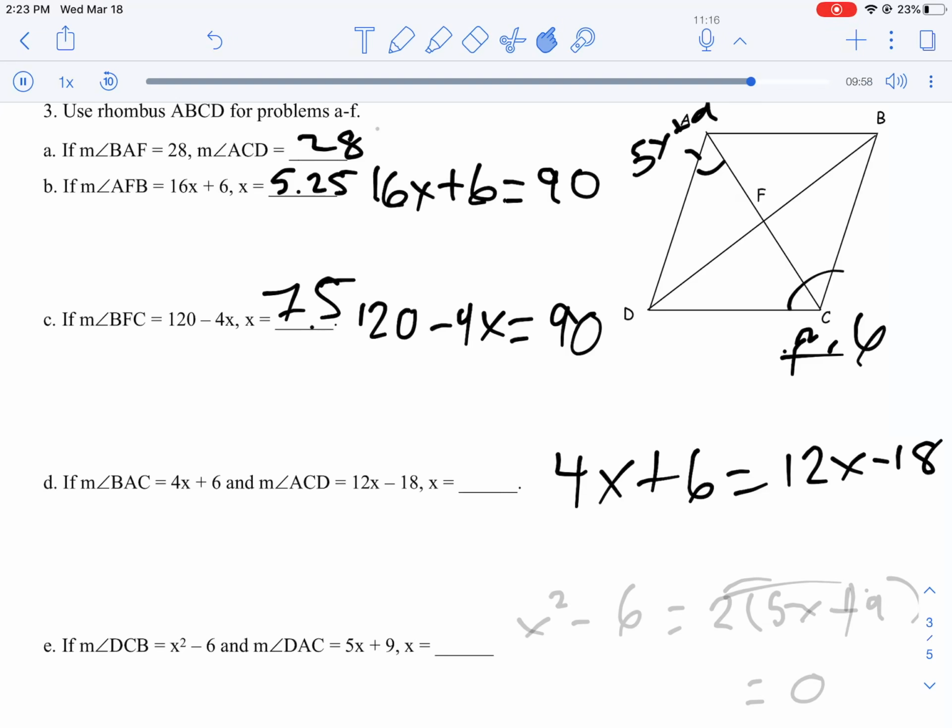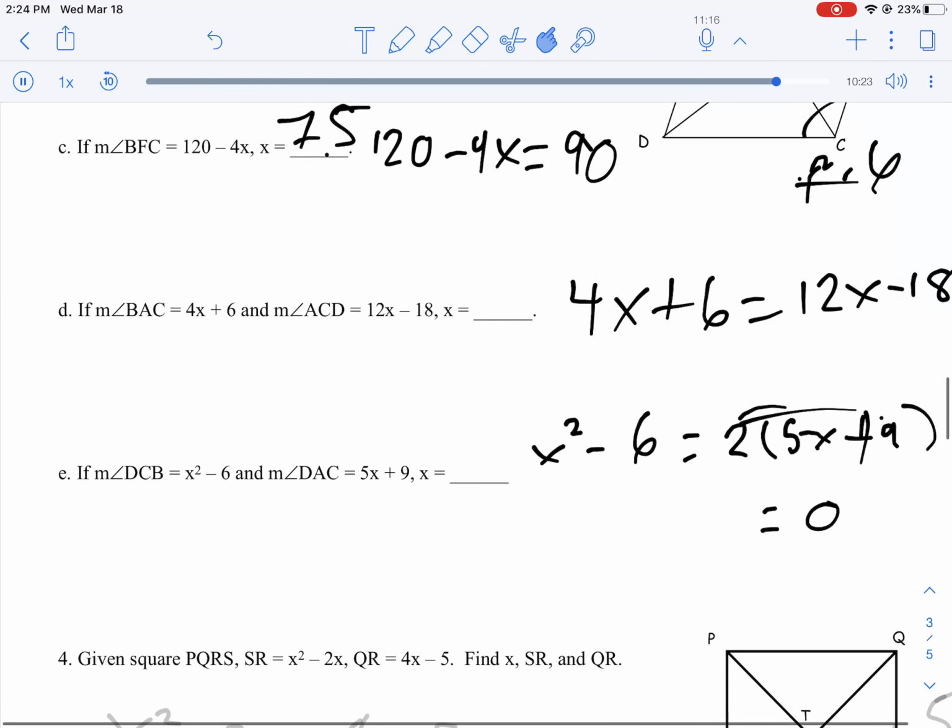If you notice, angle A, it's only half of it, and over here, BCD is the whole thing. So again, in order to set them equal to each other, we would have to multiply the 5x plus 9 by 2, distribute, and then bring everything over. Because it's a quadratic, we want to set it equal to 0, then you factor and you go from there.